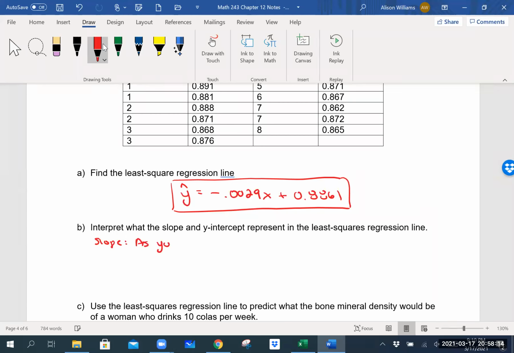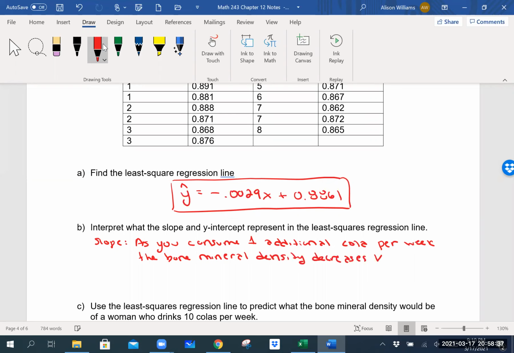As you consume one additional cola per week, the bone mineral density decreases by 0.0029.